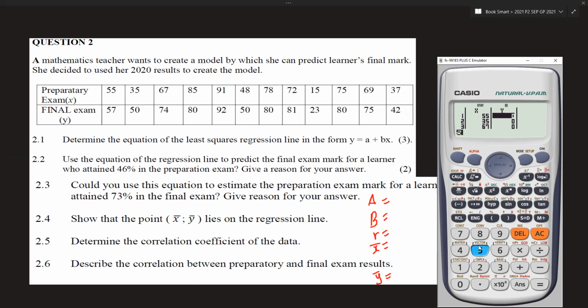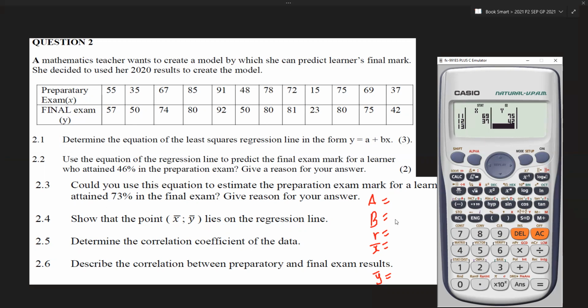For example, I see that 55 goes with 57, 35 with 50, 67 with 74, 85 with 80, 91 with 92, 48 with 50, 78 with 80, 72 with 81, 15 with 23, 75 with 80, 69 with 75, and then 37 with 42. Okay, then you have recorded everything.